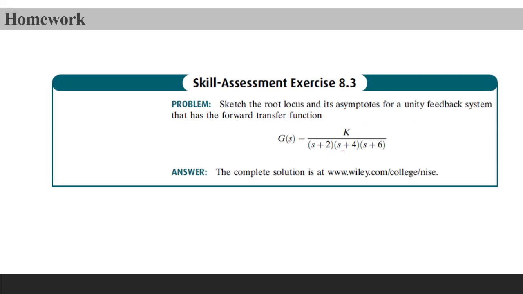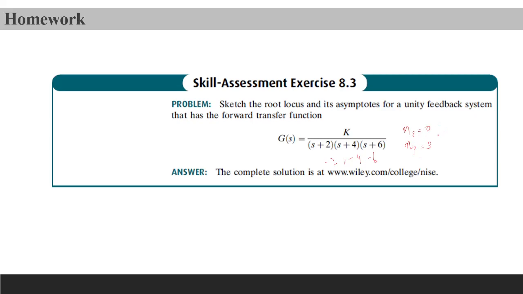So how many poles are there? We have np equals 3, right? We have minus 2, minus 4, and minus 6 here, and I have np equals 3. And what about nz? It's 0, so I can calculate the ratio.